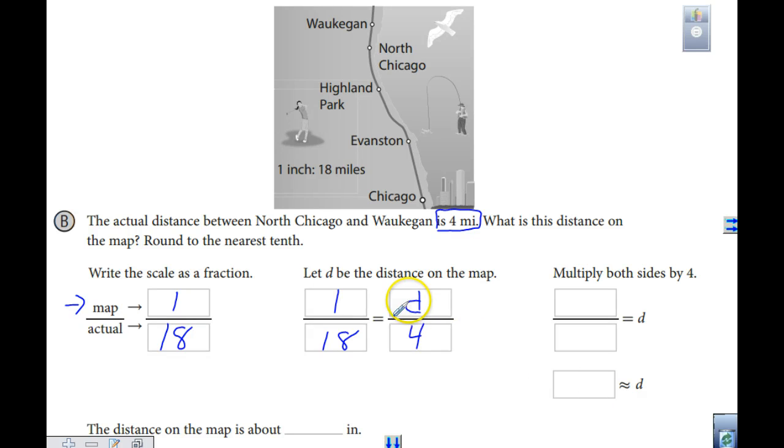Same situation here. The number underneath the variable is 4. This means this is divided by 4, so we undo it by multiplying by 4. It gives the same result right here. 18 on the bottom.